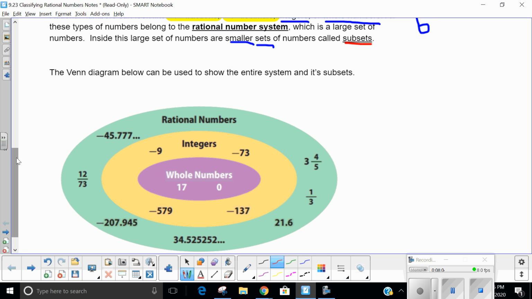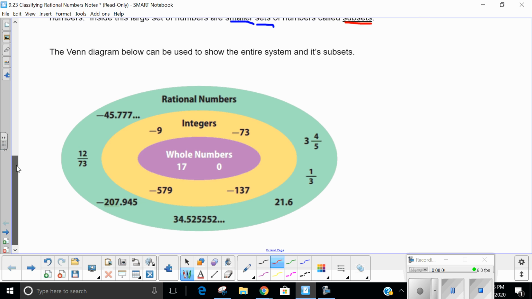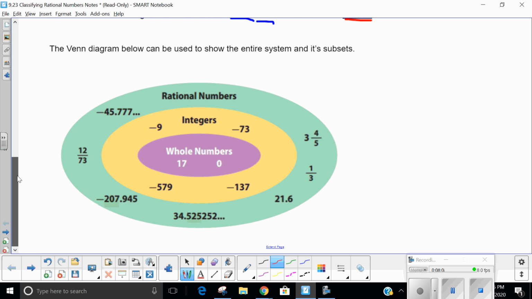So if we look at the traditional Venn diagram that shows us the rational number system, we can see that we have the rational numbers, so everything that looks like a fraction or a decimal or a positive or negative number, the biggest set is called the rational numbers.